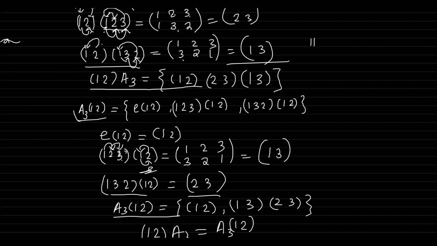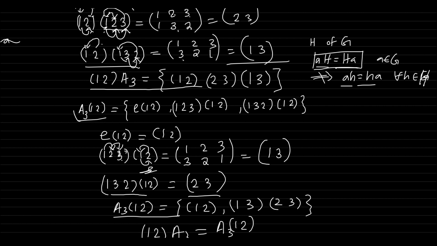Consider a subgroup H of G which satisfies the condition aH is equal to Ha for some a in G. Note that this does not mean that ah is equal to ha for all h in H. For example, consider this normal subgroup A3 of S3 and consider the products (1 2)(1 3 2) and (1 3 2)(1 2).